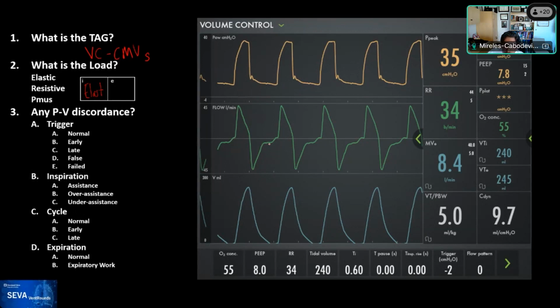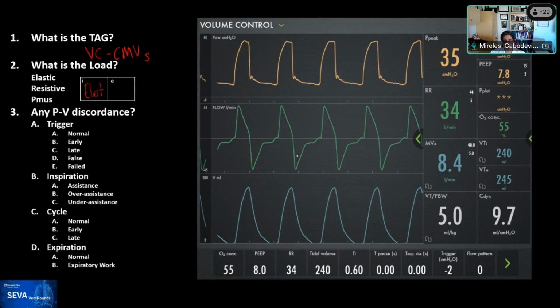The slope changes radically. And then it changes again. So this does happen. I mean, you can have two compartments, and these may look like you have a dominant elastic load, but there is a resistive load behind, and you may see this.